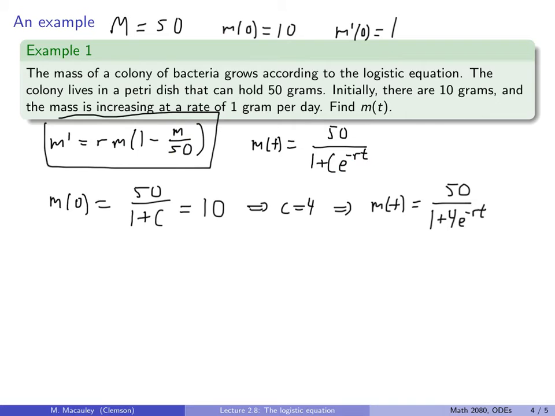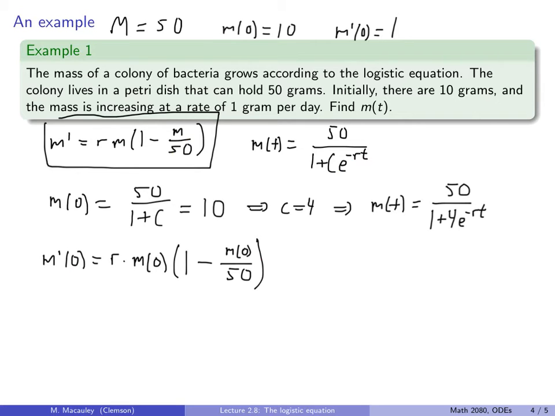In other words, m prime of 0 equals r times m of 0 times 1 minus m of 0 divided by 50. And now we know all of these things, 10 and 1, so we can just solve for r. And that's actually really easy.